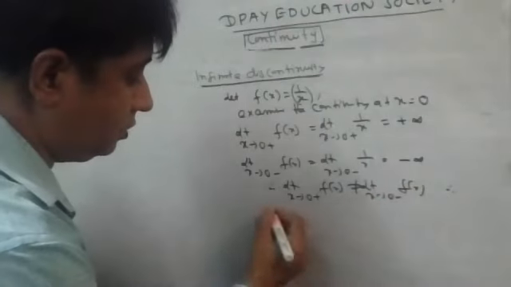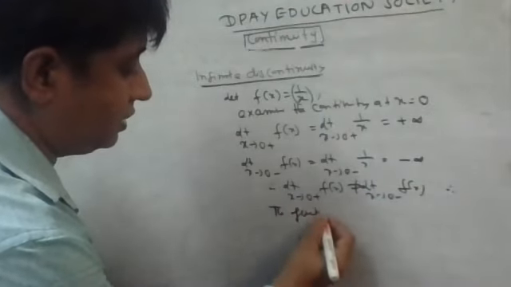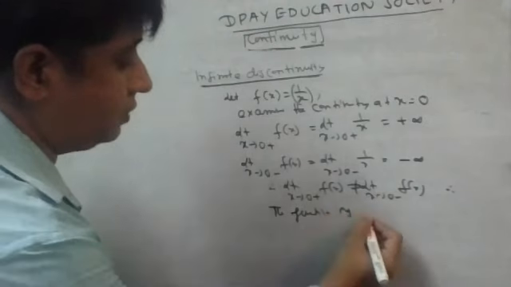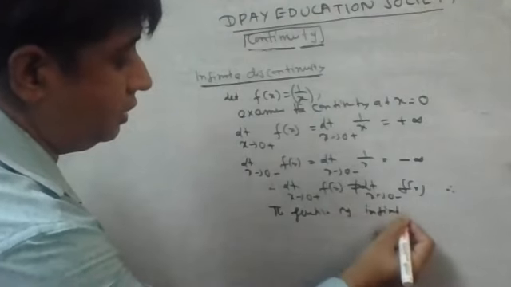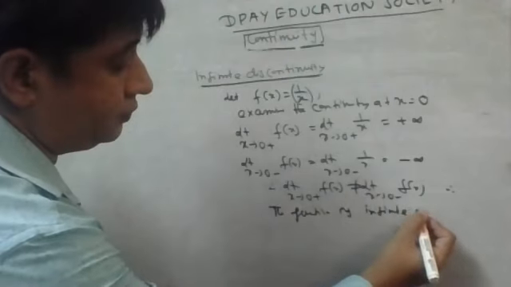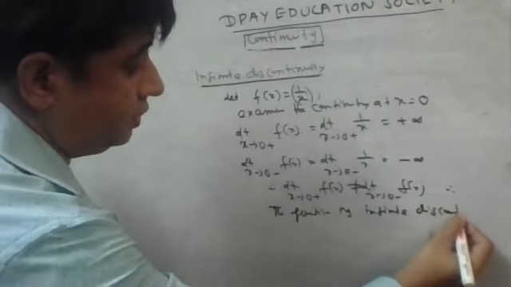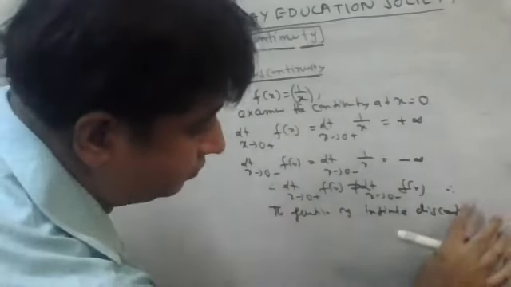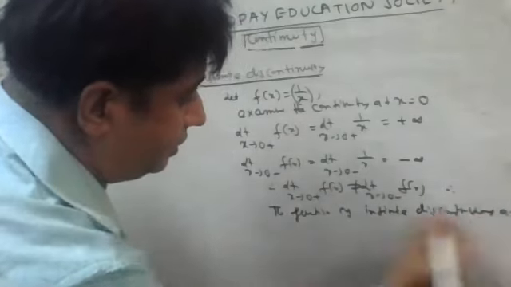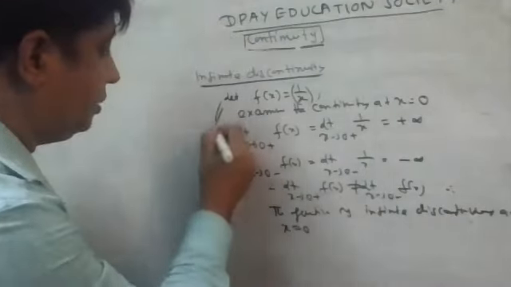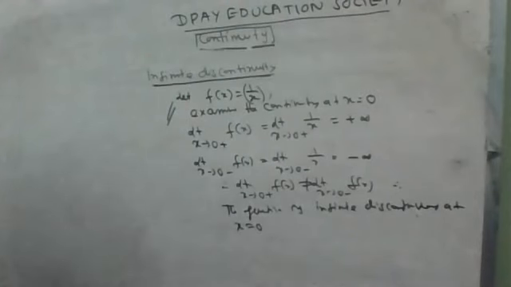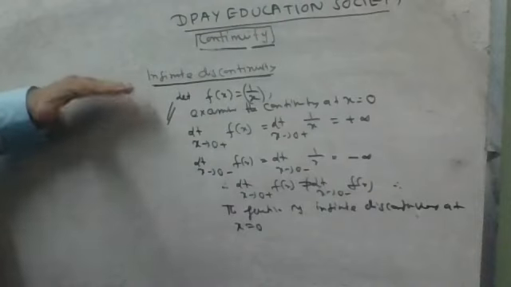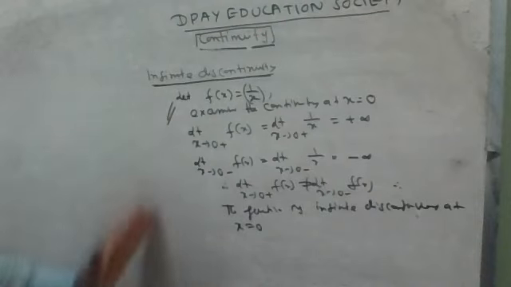Therefore the function is infinite discontinuous at x is equal to 0. So this is called infinite discontinuity. Note it down. This is also part of non-removable discontinuity. So in a short while, I'm wrapping up now.